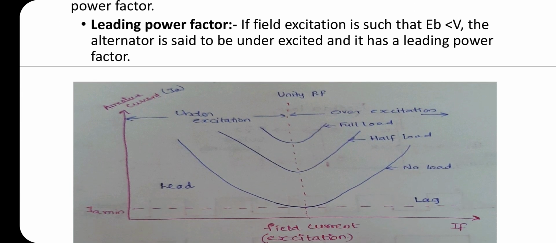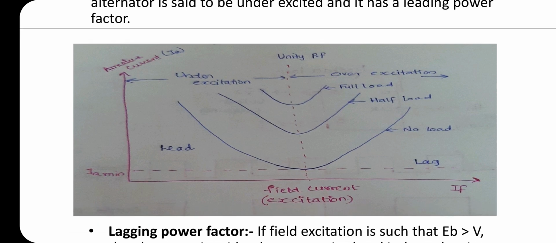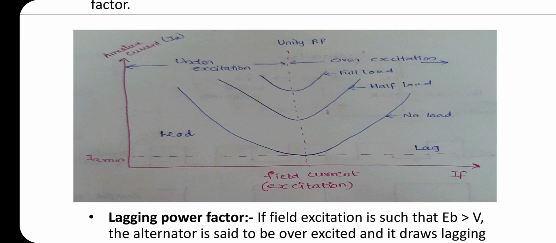Leading power factor: if field excitation is such that EB is less than V, the alternator is said to be under excited and it has leading power factor. We can understand this from this diagram. In the x-axis it is IF and in the y-axis armature current, with unity power factor, lead section, under excitation and over excitation, full load, half load and no load variations.